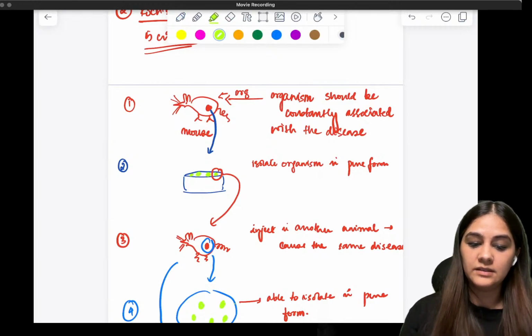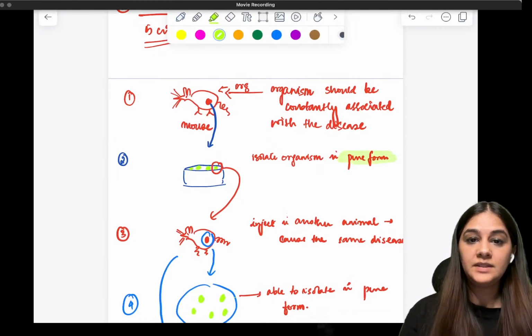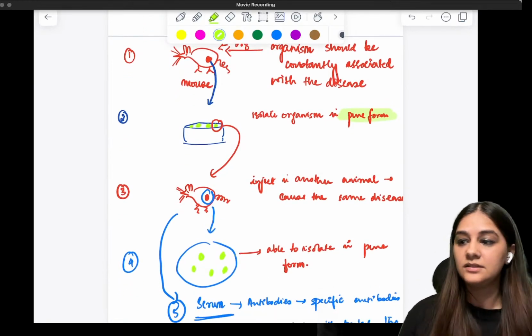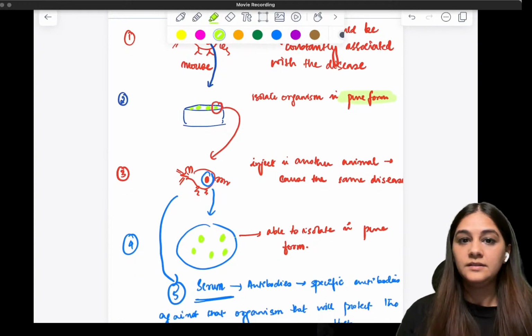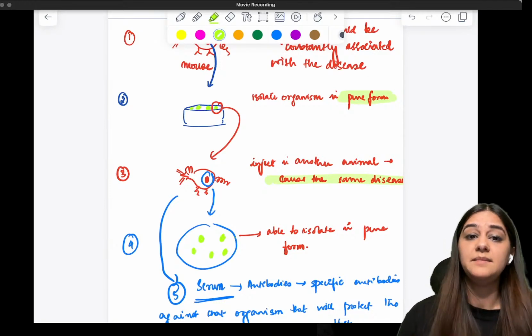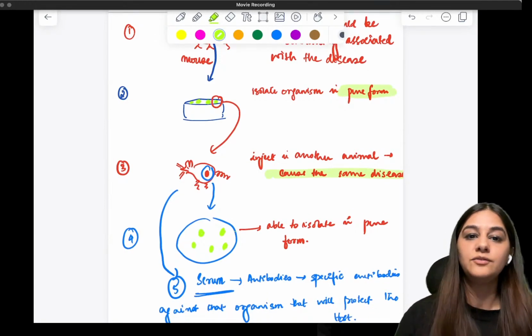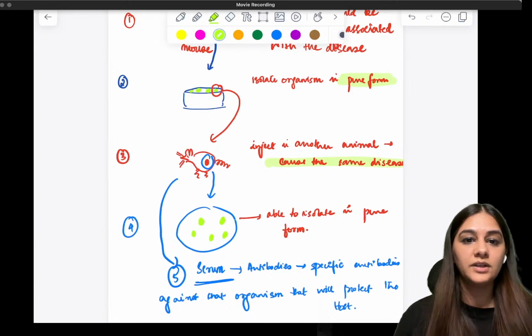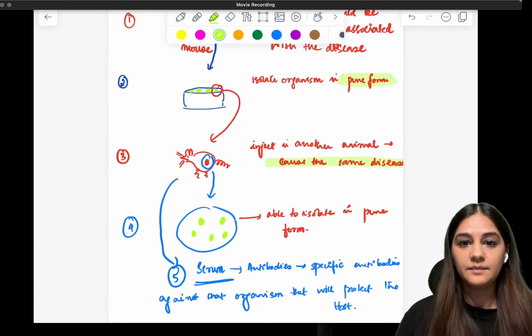Then from this culture plate, I'm injecting this organism into another host. What is going to happen? It will cause the same disease. Now, again, from that lesion, if I take a sample and grow it on a culture plate, I will be able to isolate it in pure form, right?